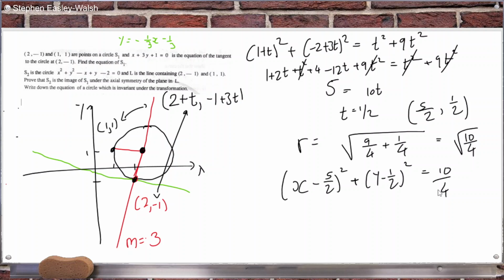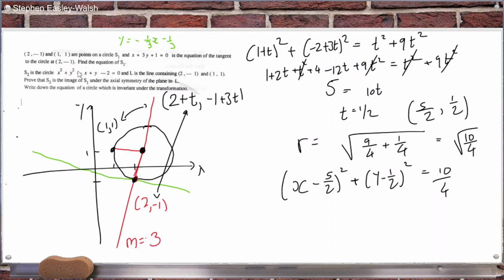That checks out. And then the other point is 2, -1. That checks out. So those 2 points are definitely on the circle. It doesn't conclusively prove it's the right circle because we'd want to check the slope of the tangent, but it's all looking pretty positive, so we're probably okay.